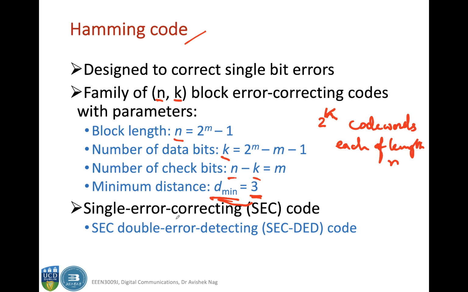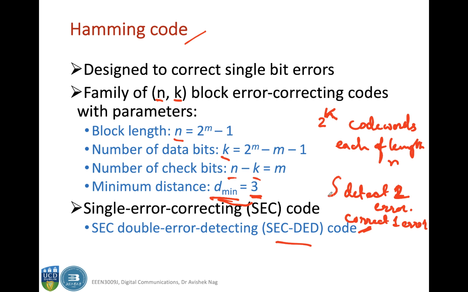The Hamming codes are called single error correcting codes, or more precisely they are single error correcting, double error detecting codes. This means that any of the family of Hamming codes can detect one error, detect 2 errors, because double error detecting, and correct one error.